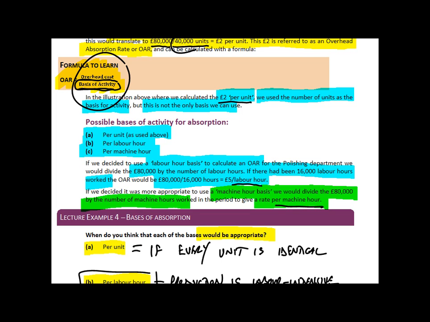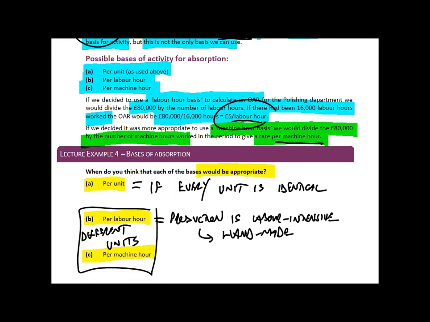They will use more labour hours, so the big units would therefore get a higher share of the overhead. If a big unit took 2 hours to make and a little unit took 1 hour to make, well, based on my £5 per labour hour, a big unit at 2 hours would absorb £10 of overhead, whereas a small unit for 1 hour would only absorb £5 of overhead.